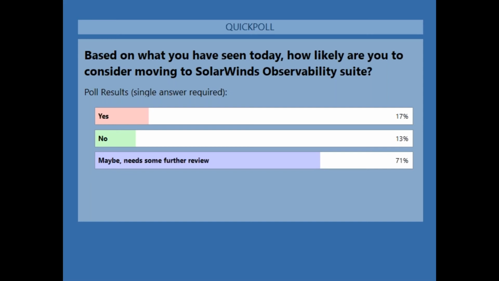We don't expect everyone to have an outstanding yes, because we're just doing the quick launch today. So 17% yes, and of course 13% no. Hopefully for the ones that said no, there will be an opportunity for us to showcase and help you better understand what the observability offering is all about.